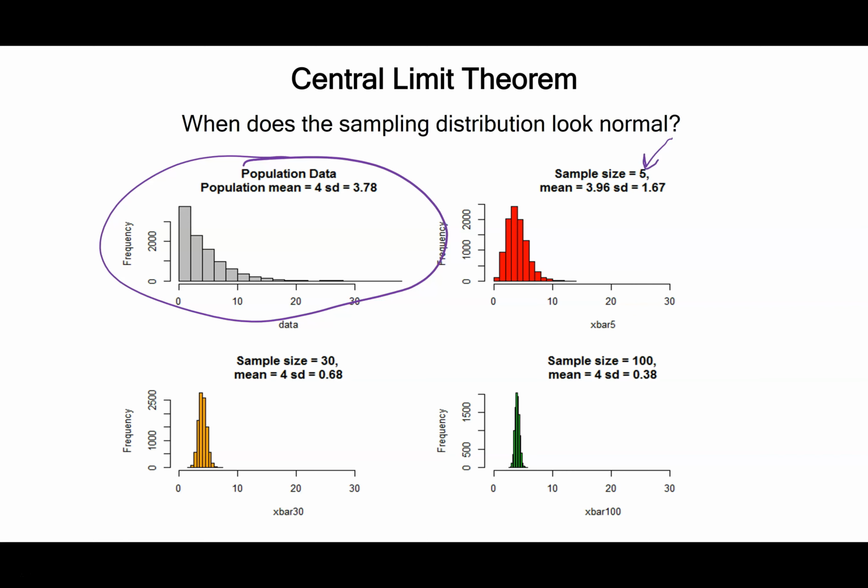If I go ahead and I take every single unique sample of 5, so all possible combinations I could possibly take of 5 individuals from this population, take the sample mean from all of those samples of 5. Here's my sampling distribution of X bar, which you can see is a little skewed. It does not curve up at the end there. It's not nice and symmetric. Not yet. Not symmetric enough.